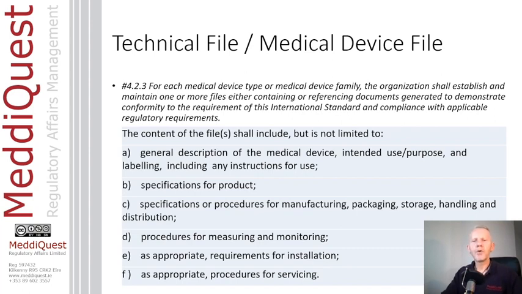It goes into more detail on things like procedures and work instructions that you might not have put in a technical file before, particularly for things like storage, handling, distribution. If you're using a subcontractor or contract organisation for doing this, you might well not have included their SOPs or even your management SOPs in there before.